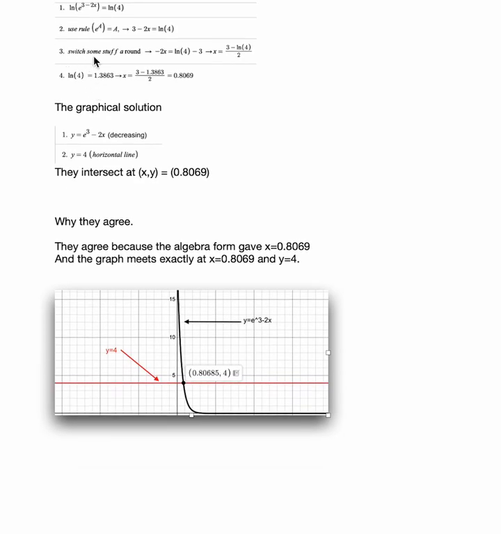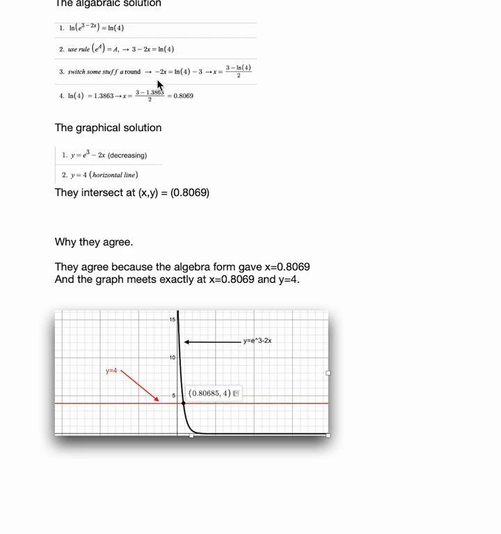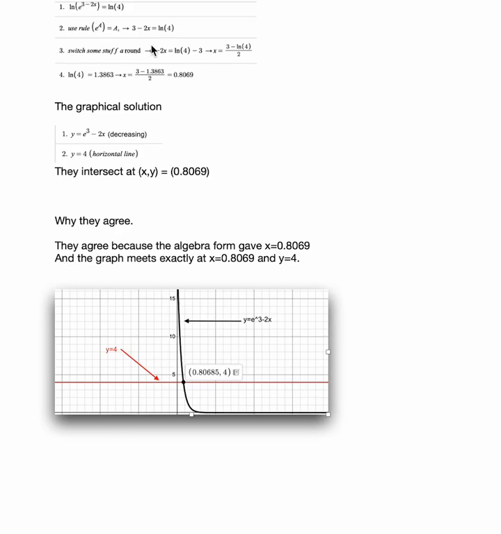Then we switch some things around: we take the 3, make it negative, and put it on the right side with ln 4, and keep negative 2x where it is. Then we make this a fraction, with 3 minus ln 4 on top and 2 on the bottom.